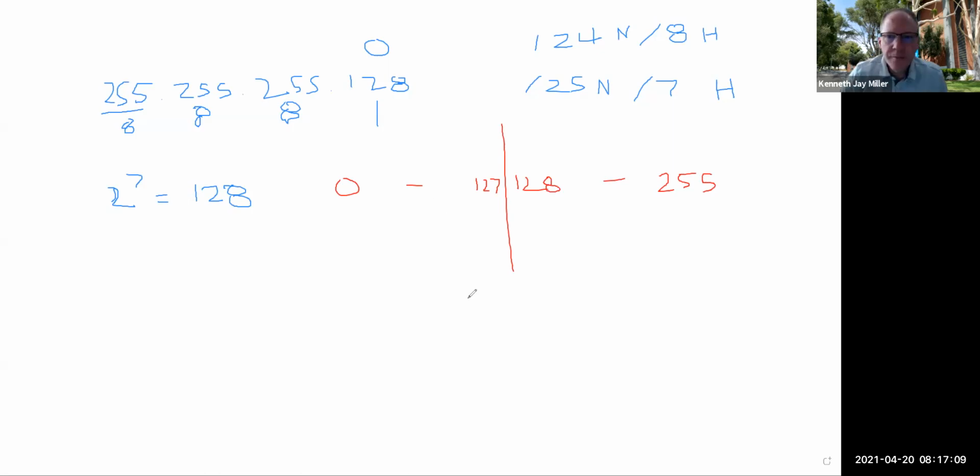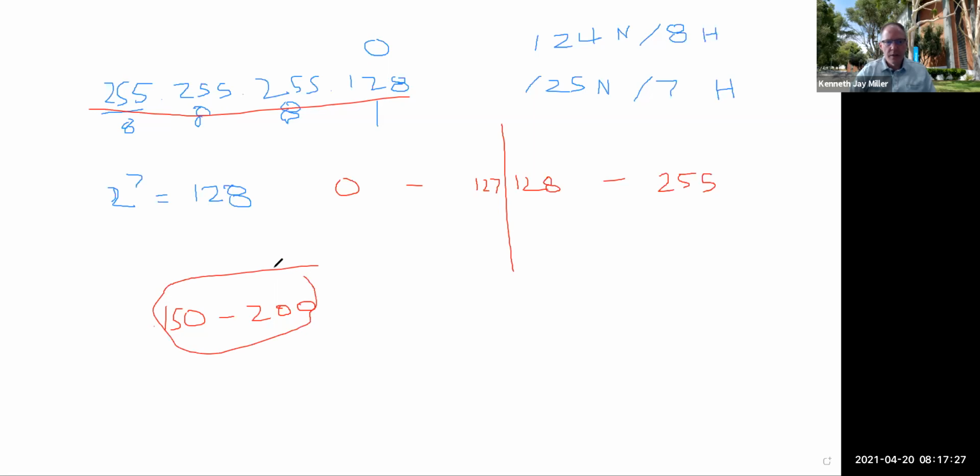So the trick here was with this subnet mask that I gave you for the lab, and then I gave you the range of your DHCP scope, 150 to 200. Well, where will this fit? Is 150 to 200 in 0 to 127? No, it's over here. That range will fit in this side of the network.